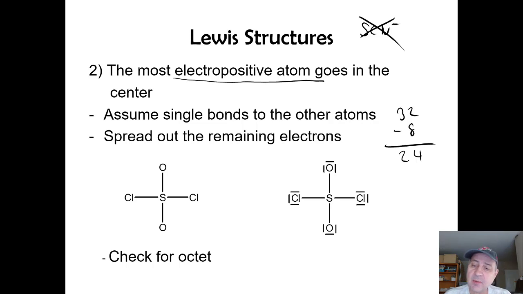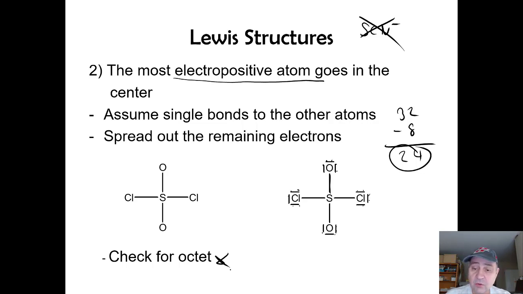And so we spread them out from the inside and out, filling up. So 1, 2, 3, 4, 5, 6, 7, 8, 9, 10, 11, 12, 13, 14, 15, 16, 17, 18, 19, 20, 21, 22, 23, 24. Those are the 24 plus the 8 from the bonds. And so I stop.